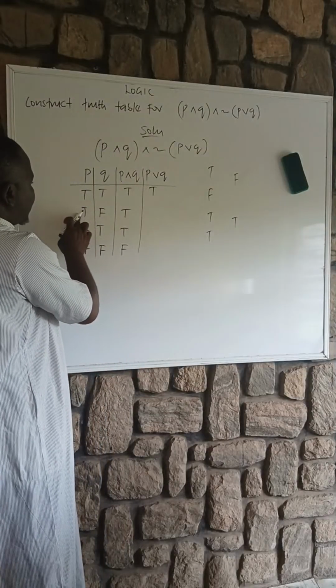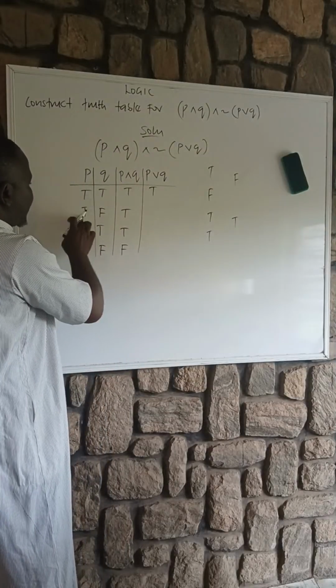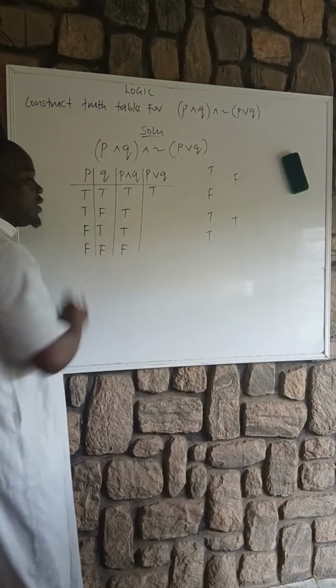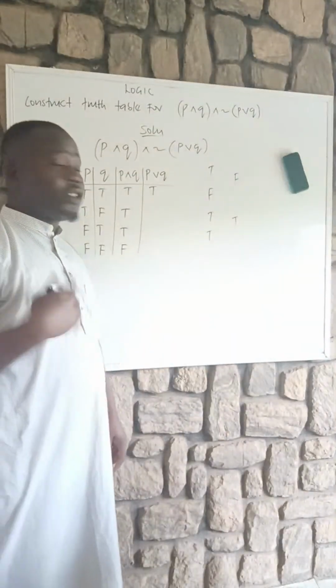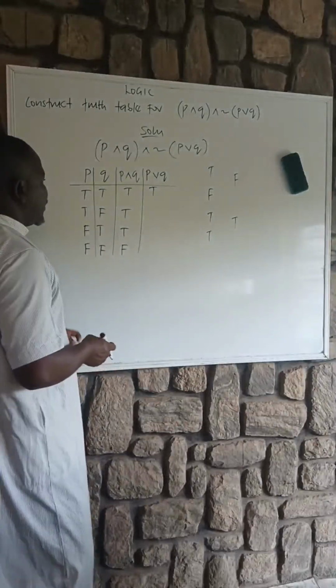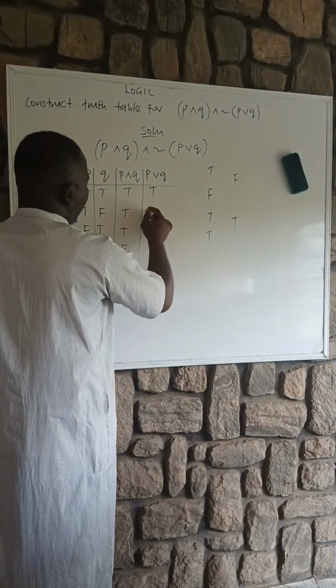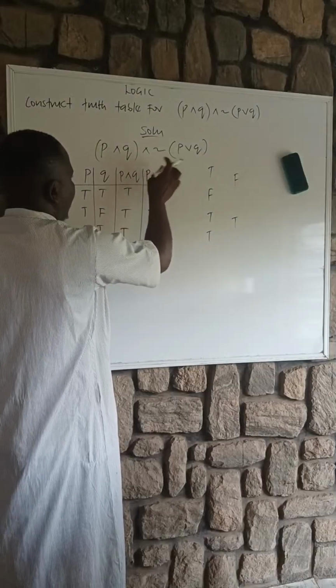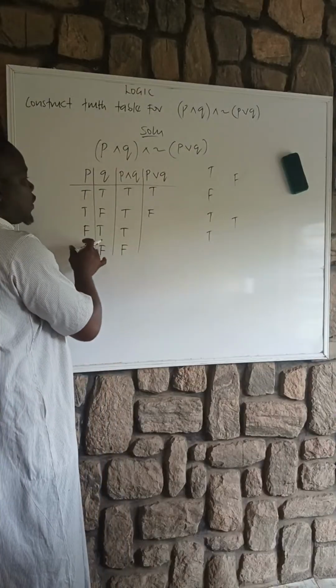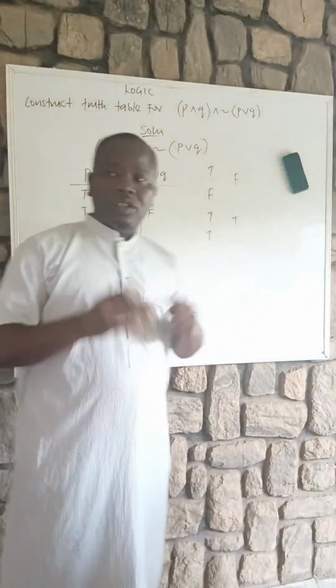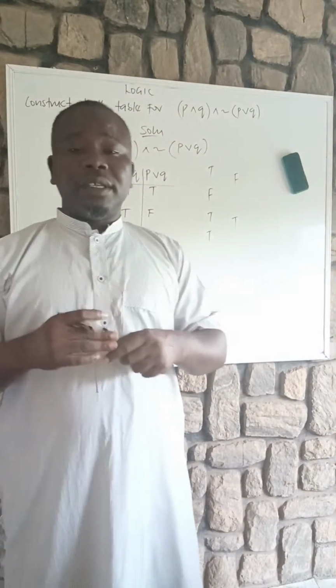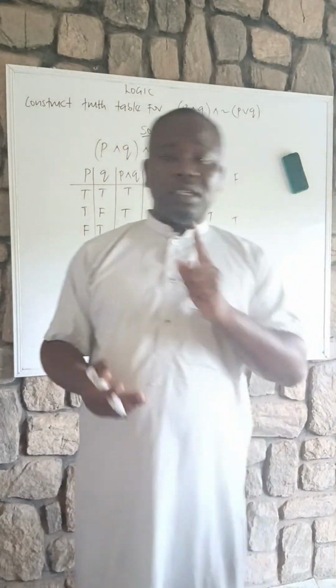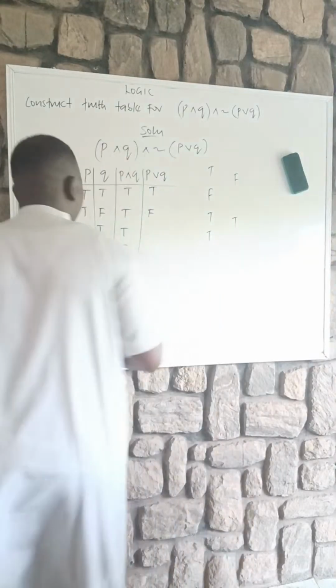Then come to this, statement P is saying true, statement Q is saying false. So the conjunction of these statements is going to be what? False. Conjunction of P and Q will be false because it is only when the two statements are true that it is considered to be what? True. Take note. Amen.